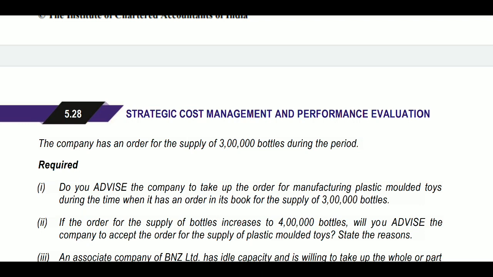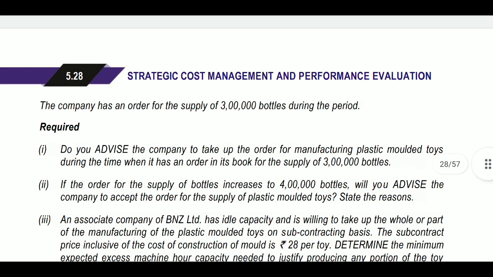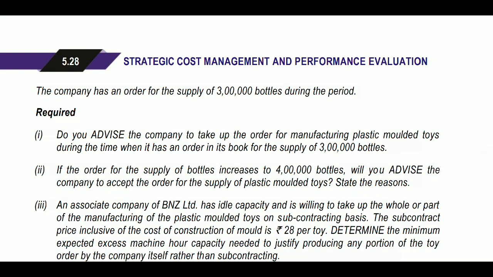Now we will see the contribution and what the contribution per machine hour is. Do you advise the company to take up the order for manufacturing plastic molded ties when it has an order in its booking for the supply of 3 lakh bottles?